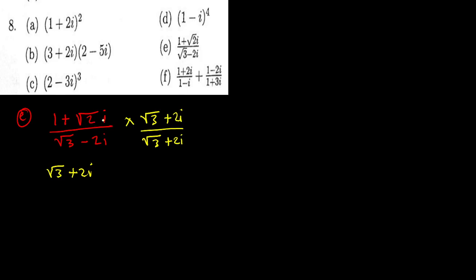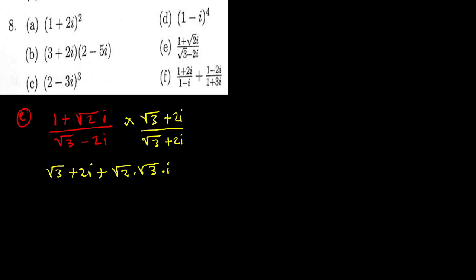Then square root 2 times square root 3 will give you square root 6, because square root 2 times square root 3 is simply equal to square root of 2 times 3, which is 6. But I won't write it anyway. I'll write it on the next stage.